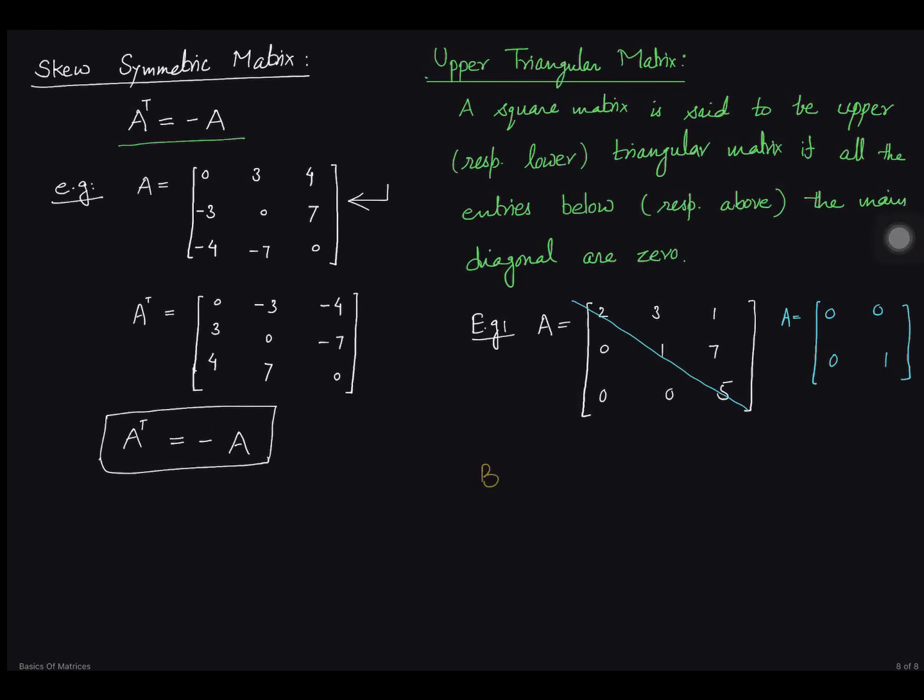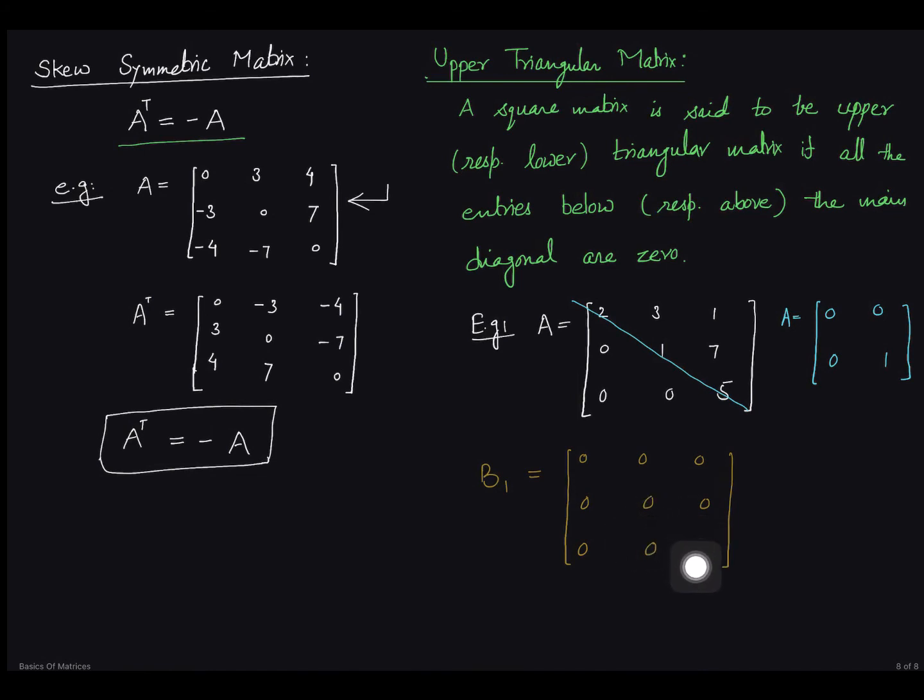Now for the lower triangular matrix, suppose you have matrix B1 as this. These are your main diagonal entries. All the entries above the main diagonal are 0. That means this is a lower triangular matrix. Similarly, here again this is your main diagonal, and all the entries below the main diagonal are 0.